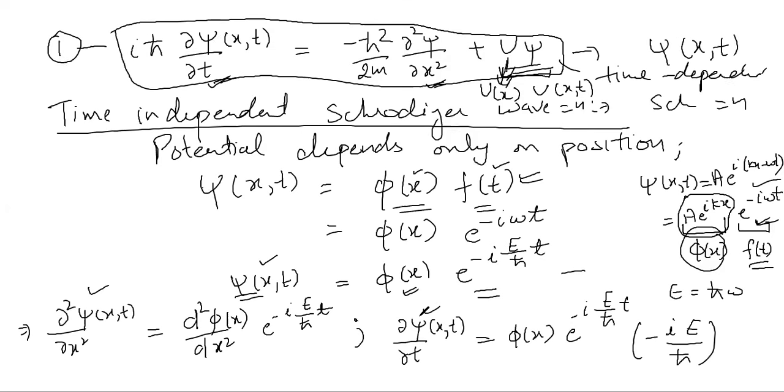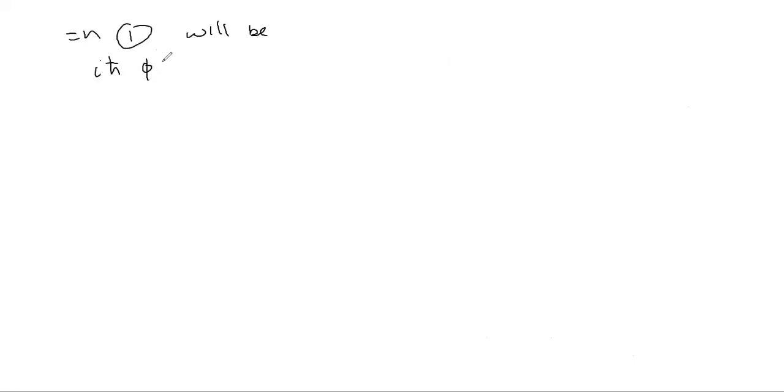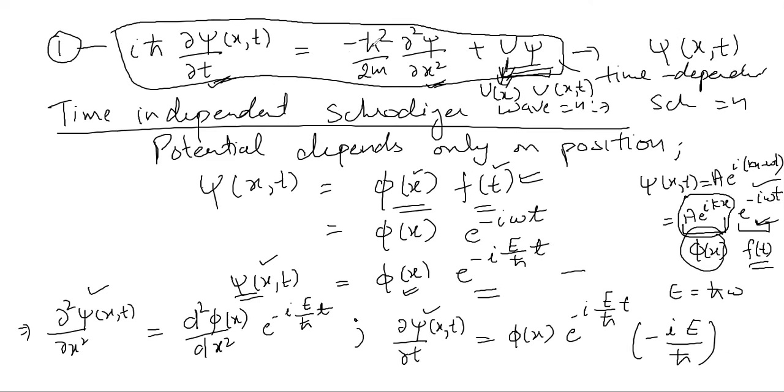So your equation 1 will be iota h bar times curly psi by curly t. Curly psi by curly t is nothing but phi x e raised to power minus iota E upon h bar t, and minus iota E upon h bar. This is equal to minus h bar square upon 2m curly square psi by curly x square, which is going to be this expression here.